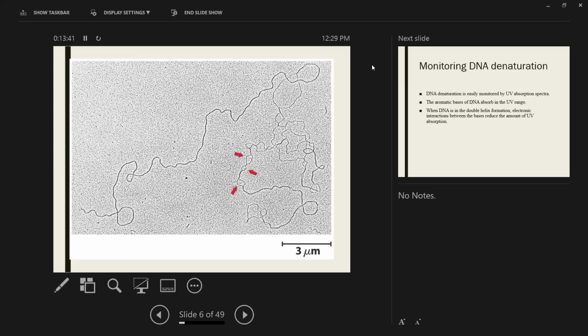You renature the molecule, you then look for bubbles, and you measure it in the electron microscope, you have a scale. You know how many bases this is. You could reconcile that with a scale, and you could tell by the percentage of it that was bubbled, that's the amount that's dissimilar. That sounds tedious, it's because it is. That's the original way it was done.